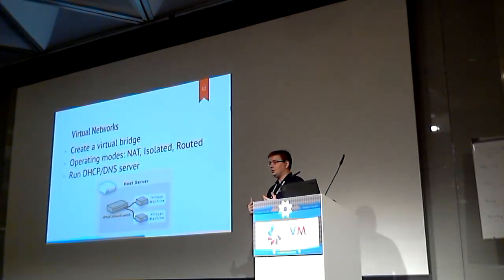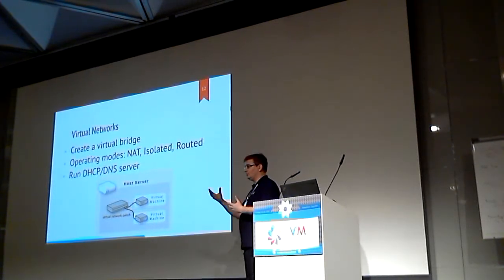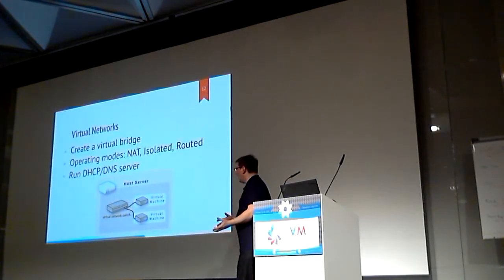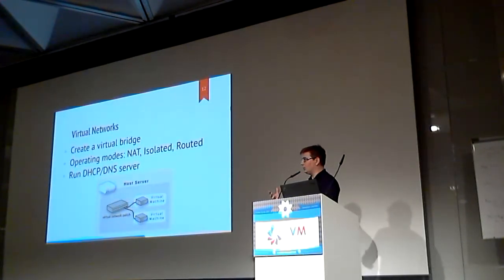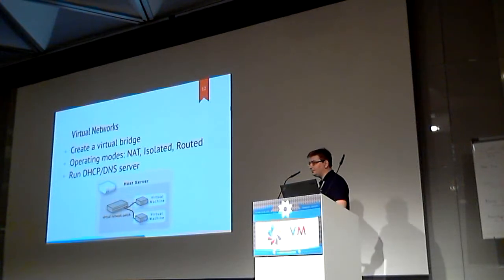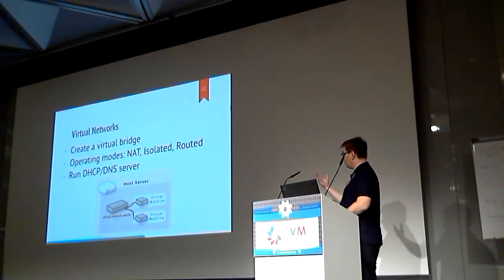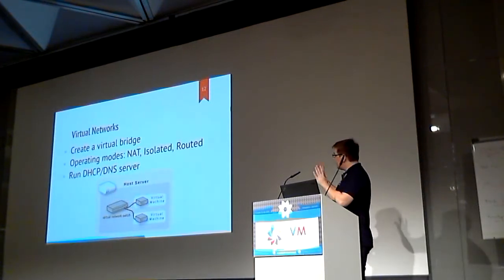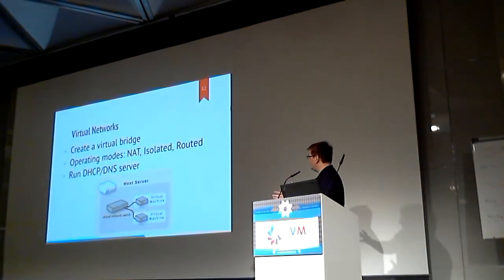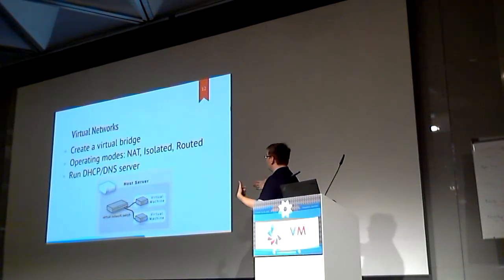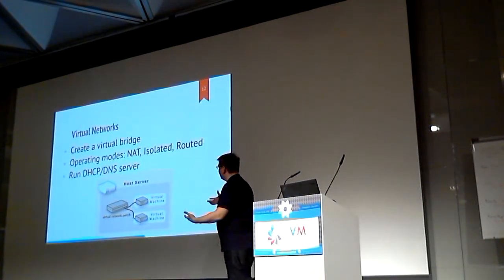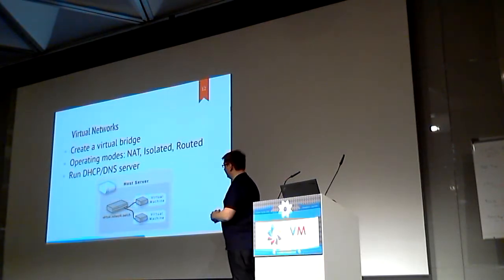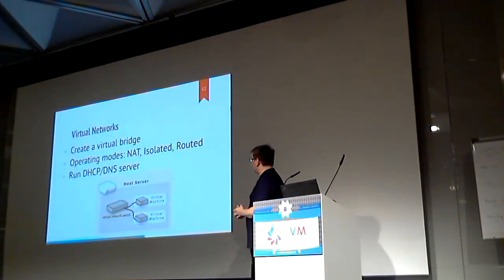The other approach is to do direct host interface pass-through into the guest, or to use macvtap, or to use Open vSwitch, and others. The virtual networks, however, have the advantage that we can run a DHCP server for you, which is basically a dnsmasq binary.